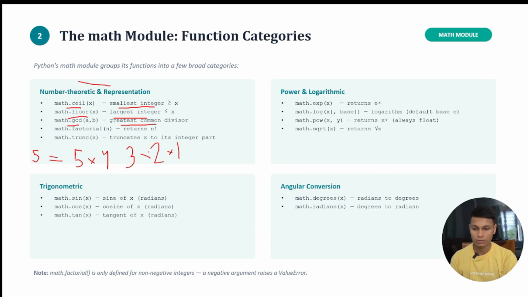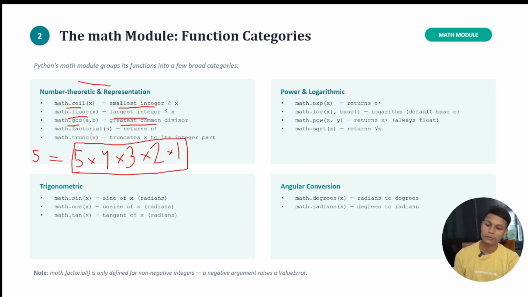I think you know all this because we did some questions based on factorial. So this is the factorial of 5, and the result will be the factorial of 5. In math there is a factorial function, so you can write math.factorial and the number whose factorial you want. Here I am taking the example of 5, so if you write 5 in place of n, it will give you the factorial of 5.